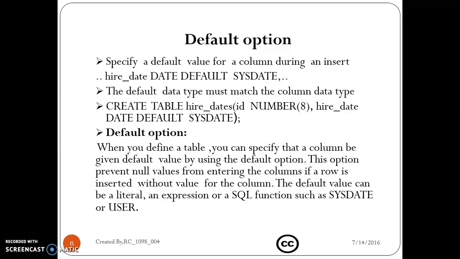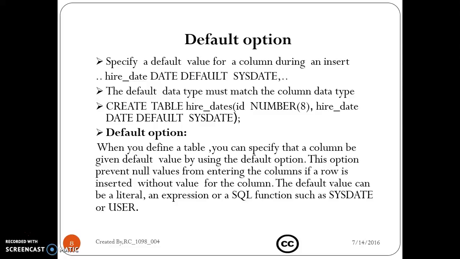Here is an example of a table. Create table hire_dates. hire_dates is the name of the table. ID is a column name and number is its data type. hire_date is a column name and date is the data type for the hire_date column, and it has a default.